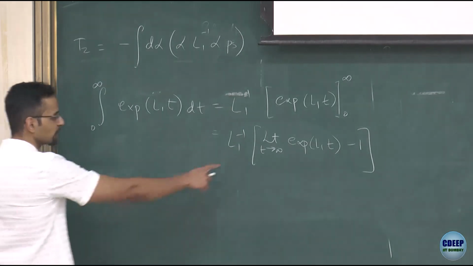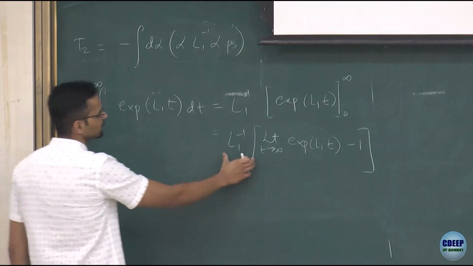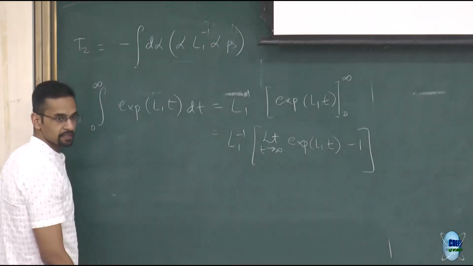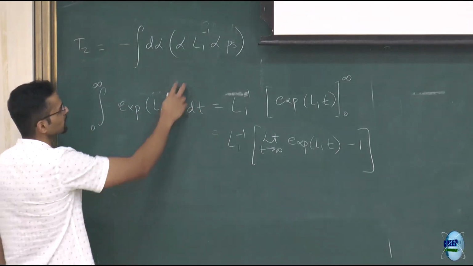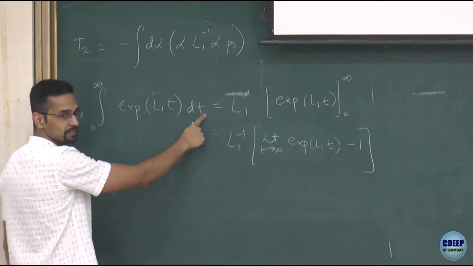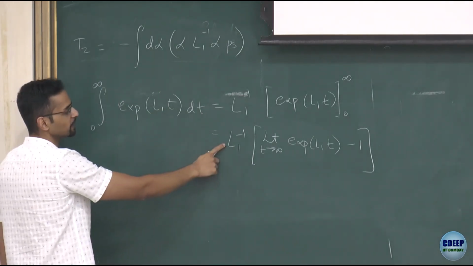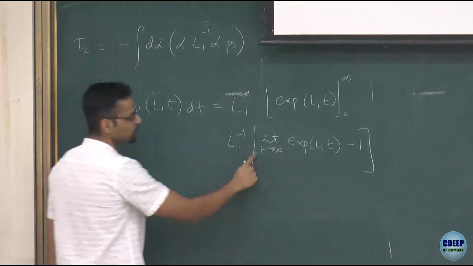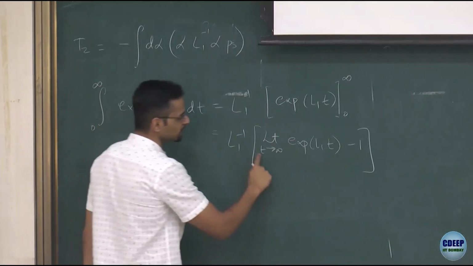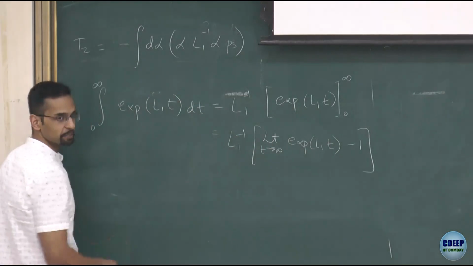So remember I want to act L1 inverse on alpha PS. If I replace L1 inverse by this guy, that would be equivalent to writing minus L1 inverse, except I also have this term. So let's consider what this does when it acts on alpha PS.